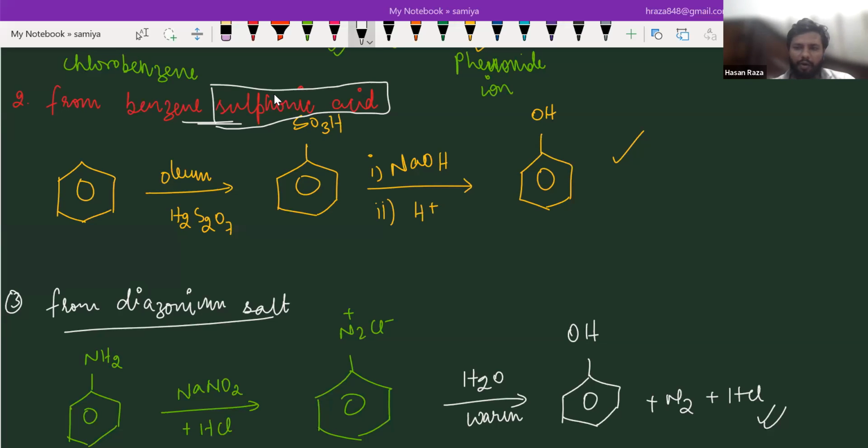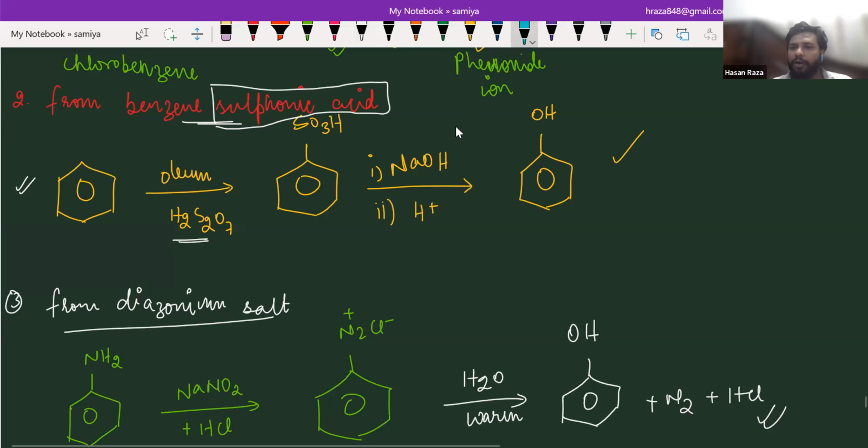So in order to prepare phenol from sulfonic acid, we need to prepare benzene sulfonic acid first. How are we going to prepare benzene sulfonic acid? It is very important. When we react benzene with oleum, that is the oxy acid of sulfur H2S2O7, then we will get benzene sulfonic acid.